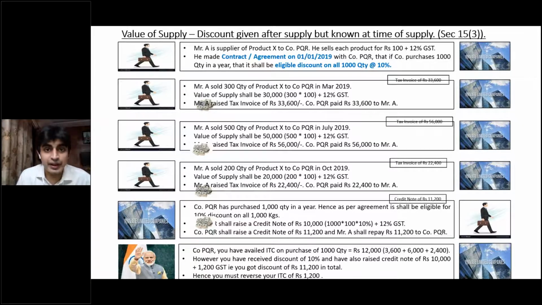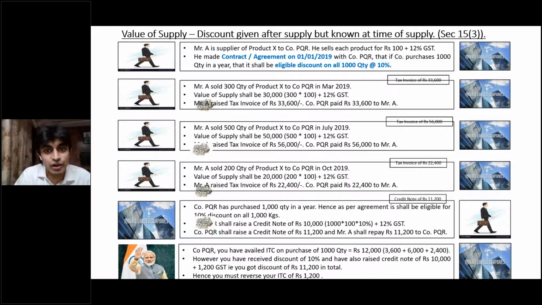Okay, however, this example, it might contradict, but you can raise a credit note only till September 2019 because invoice belong to that first invoice in March 19. For that, you can raise a credit note only till September 2019. The second invoice is of July 19.